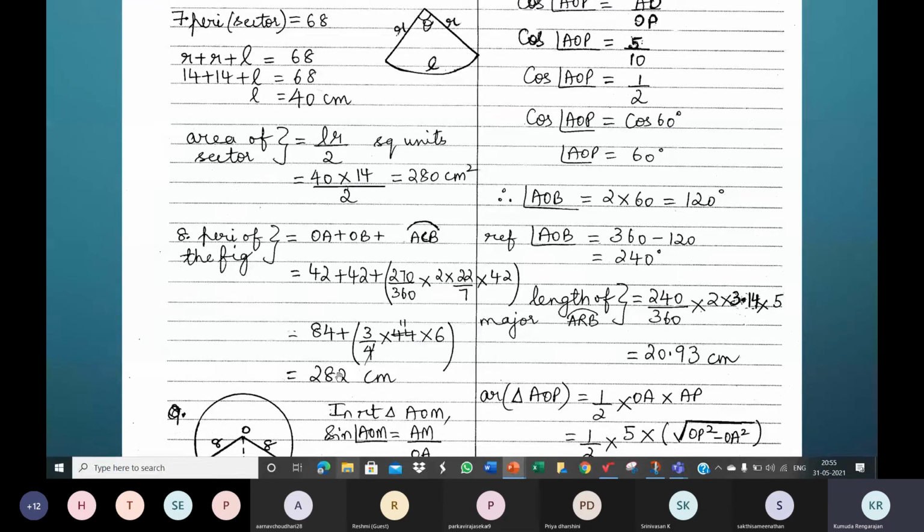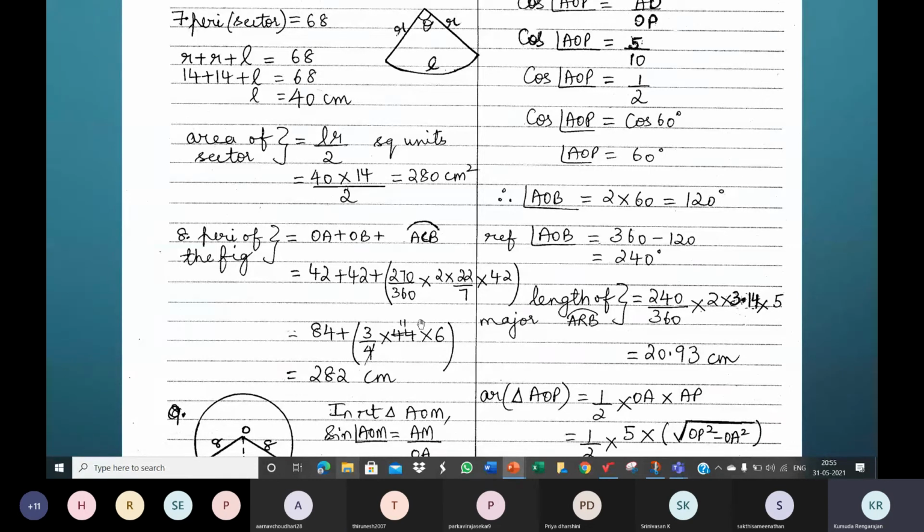Tirunesh, I want to help you. Please tell me why you got 150. Instead of 270, I put 90, ma'am. Oh my God. Okay. But you had added 42 two times, right? Yes, ma'am. So instead of 270, you took 90.